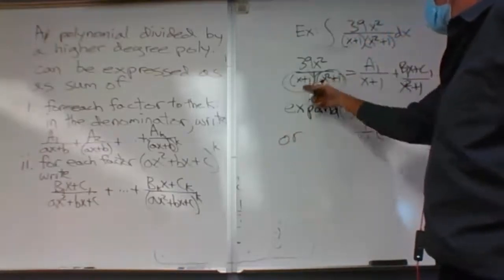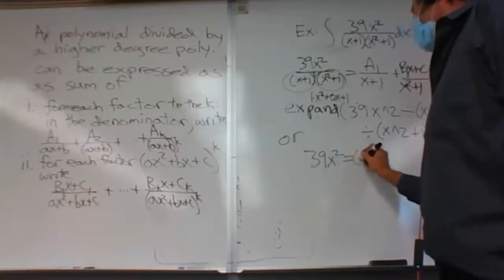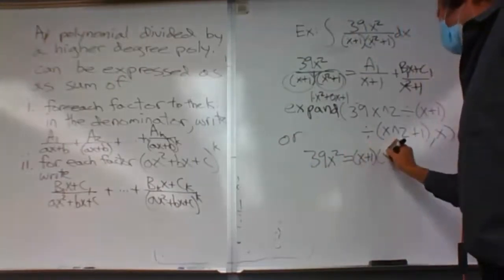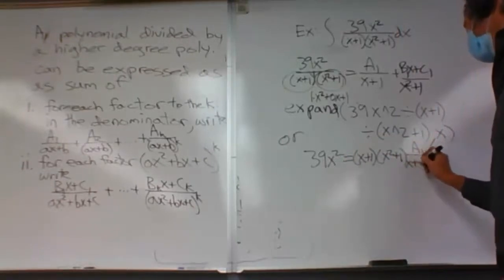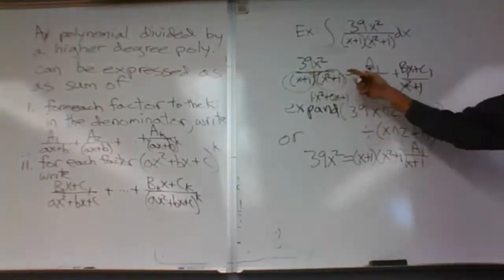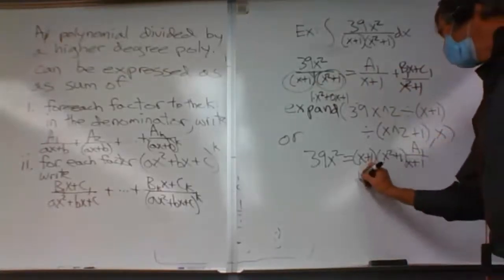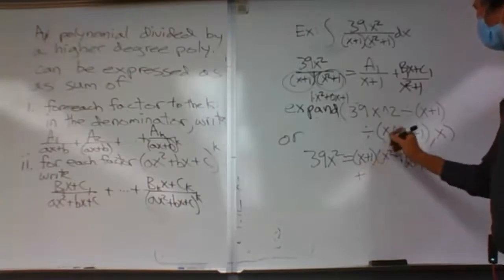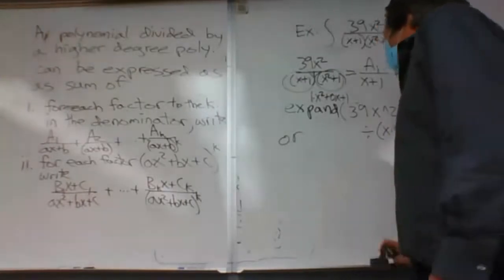You can multiply through and do it by hand. And what you do here is you multiply through by the denominator. You get 39x squared on the left equals x plus 1, x squared plus 1 times a1 over x plus 1, right? The denominator multiplying both sides multiplies this, and it multiplies this. Well, I'm going to run off the end here. Plus, let me move it over.